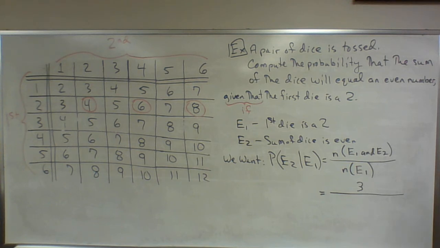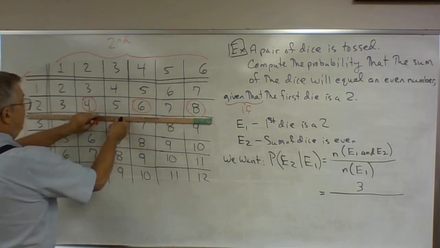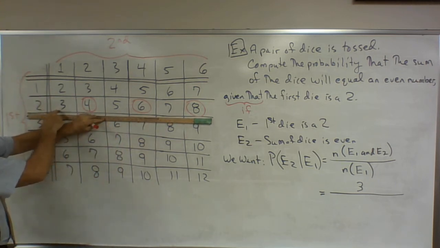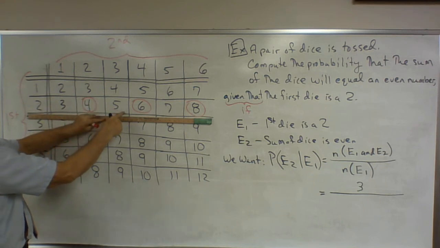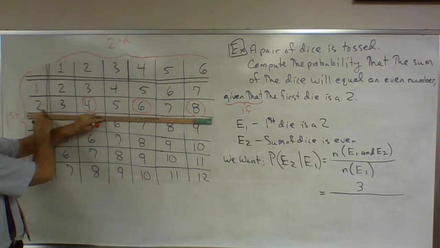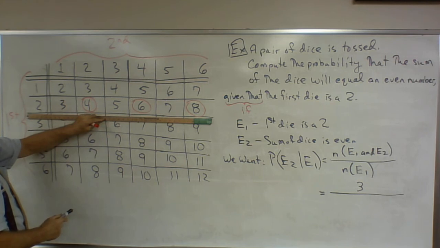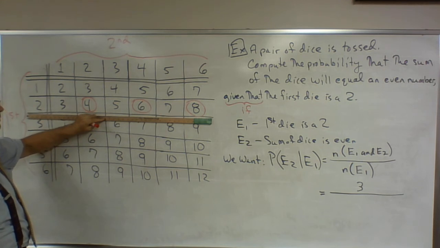The number of outcomes that result in E1: this row is the set of all outcomes that result in E1. E1 is getting a 2 on the first die. If we get a 2 on the first die, then the other possibilities are we get a 1, 2, 3, 4, 5, or 6 on the second die.